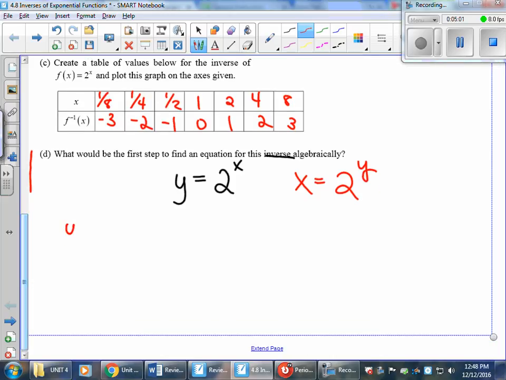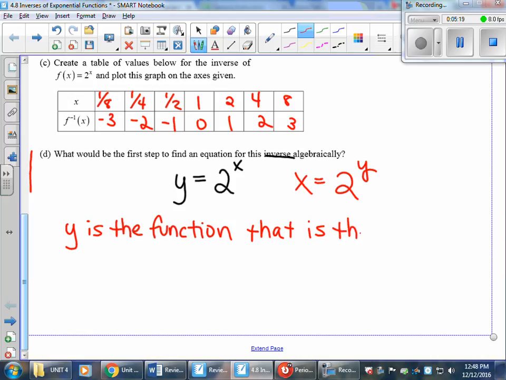So y is the function, we established that it is a function, y is the function that is the exponent of 2 that gives you the answer of x.